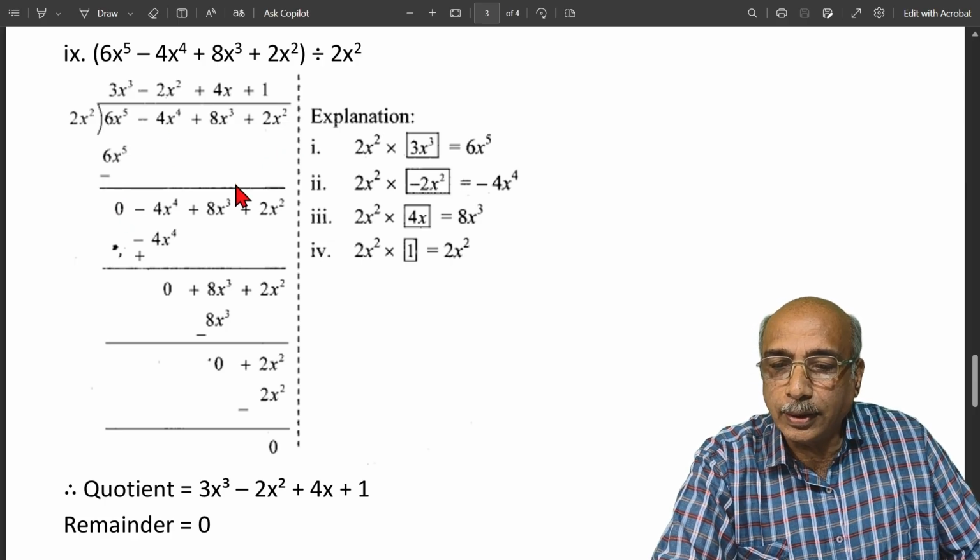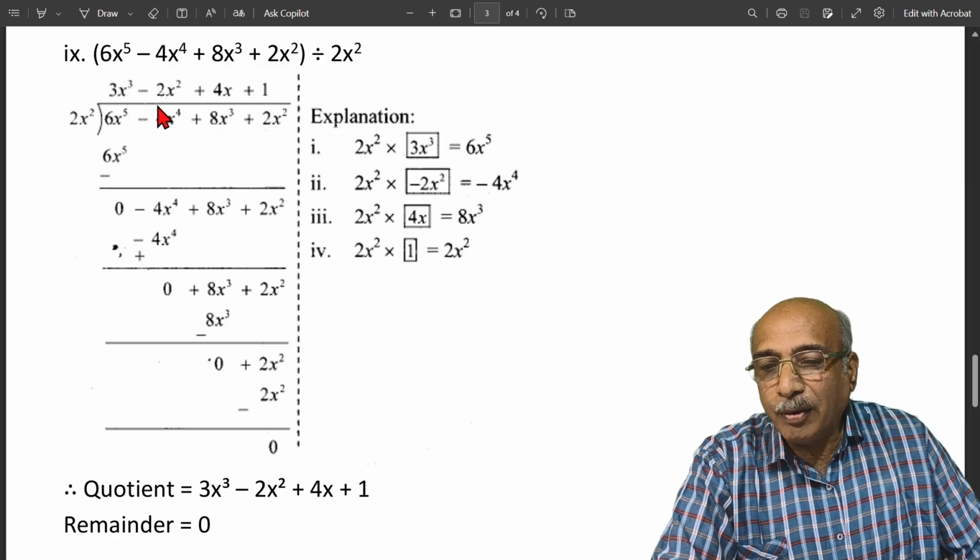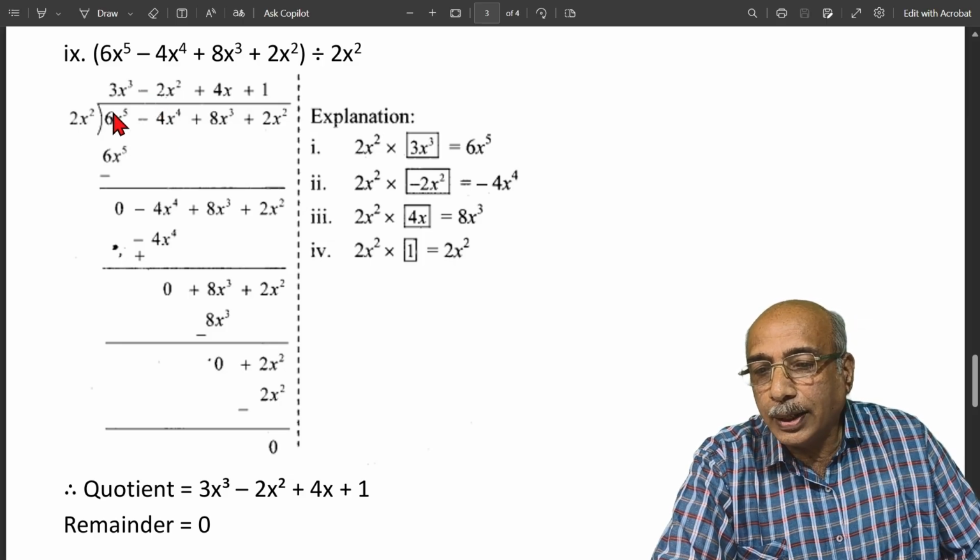Bring down the rest terms down, minus 4x raised to power 4 plus 8x cube plus 2x square. Simplify for the second term, minus 4x raised to power 4. So minus 2 into 2 will be minus 4.